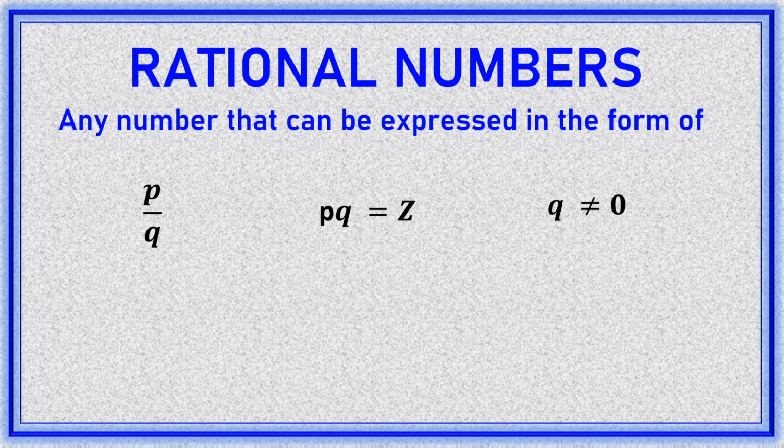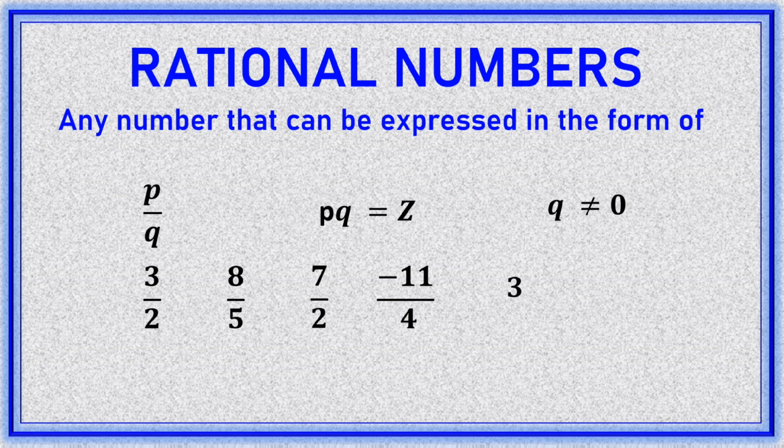That means any number divided by 0 is not a rational number. 3 by 2 is one example of a rational number. 8 by 5 is a rational number. 7 by 2 is one more example. Minus 11 by 4 is also a rational number.